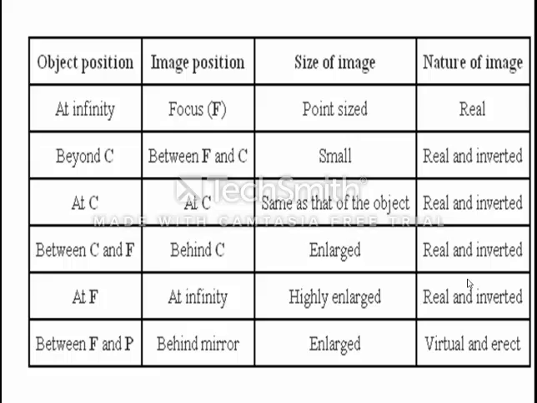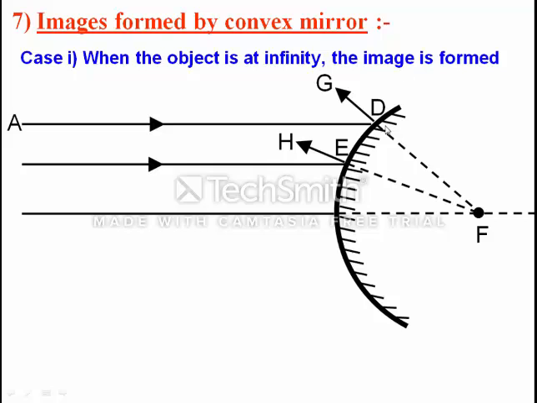Whenever an object is placed between pole and focus, the image will be virtual and erect. If the object is placed anywhere except between pole and focus, then the image will be real. Now we will see the image formed by a convex mirror.